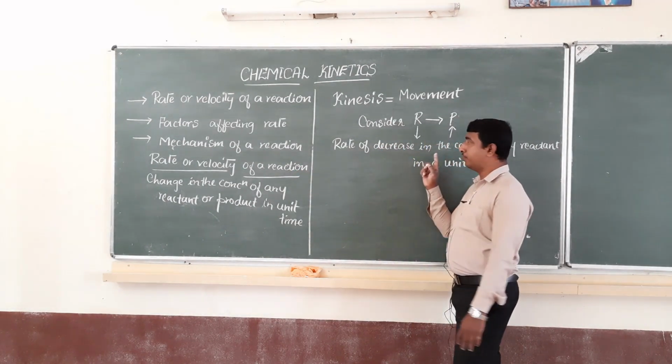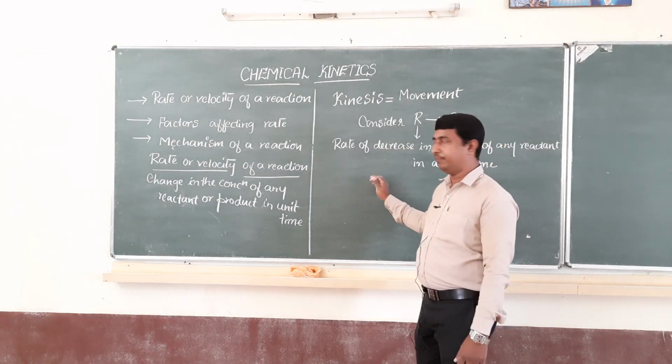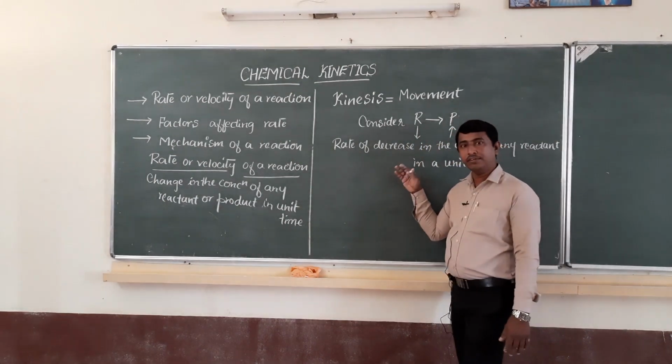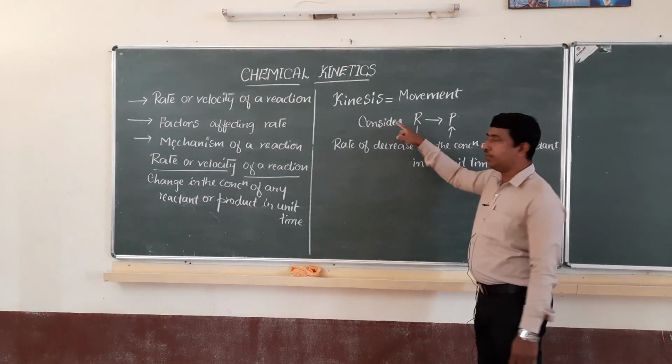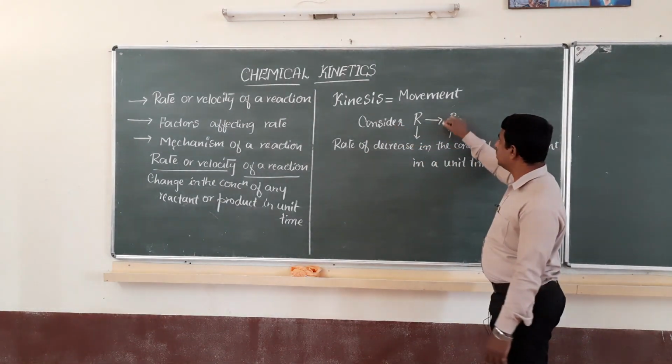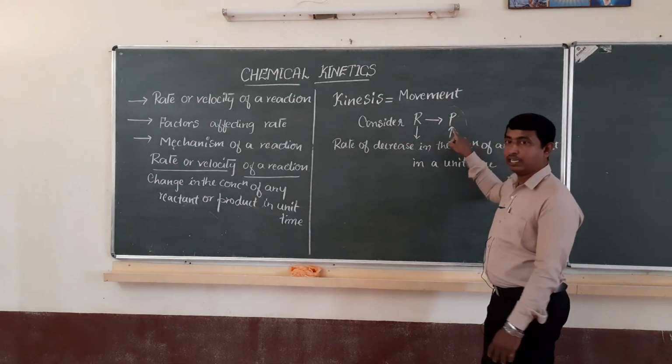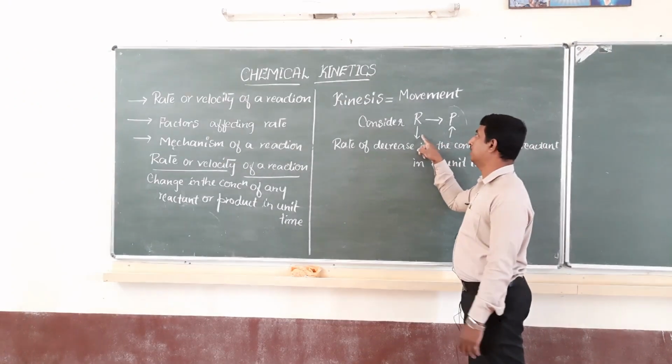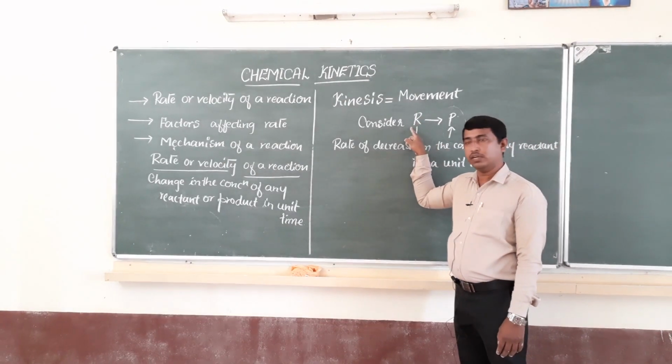Similarly, by taking a product we can also define rate. During a chemical reaction, the concentration of the product goes on increasing, whereas the concentration of the reactant goes on decreasing.